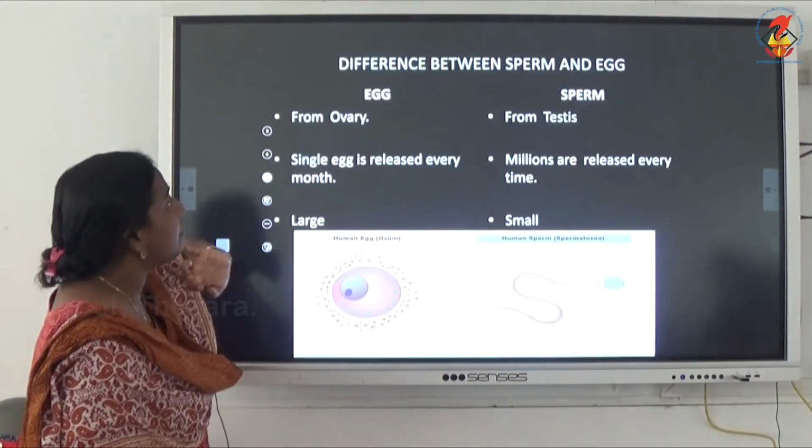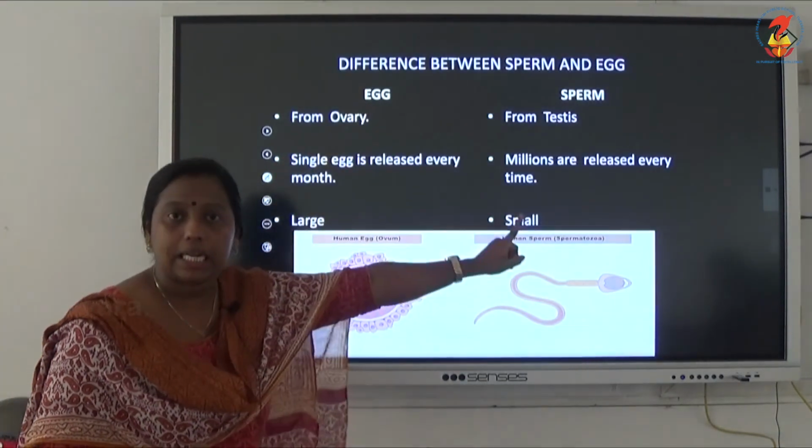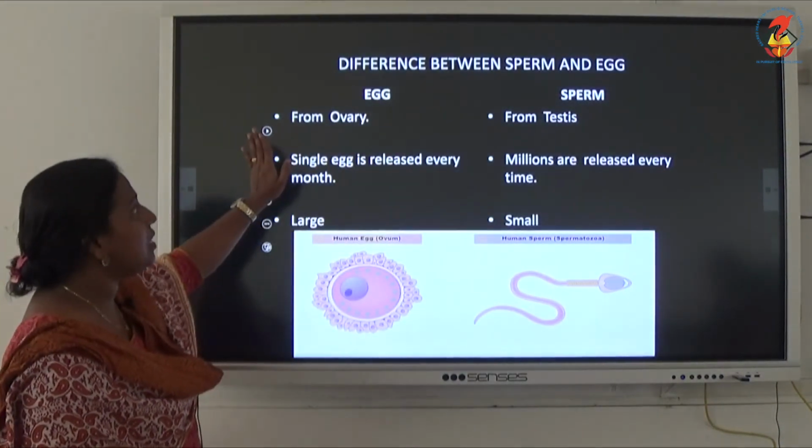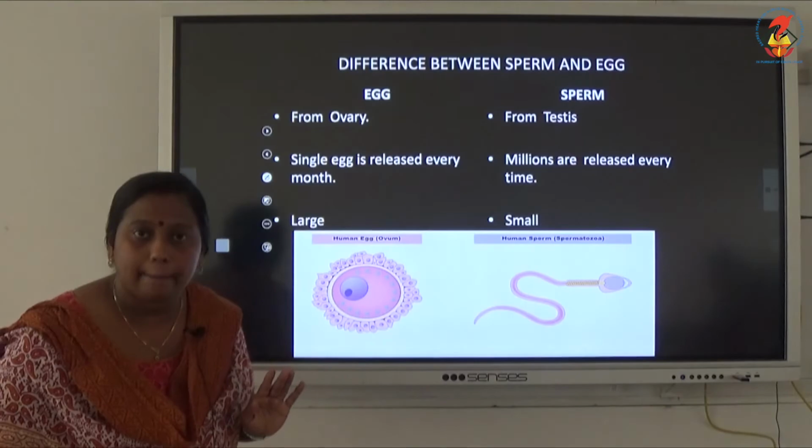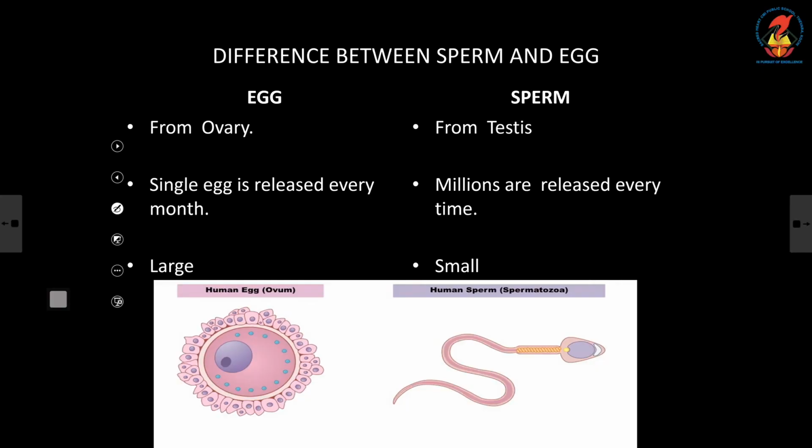Now, we will see the difference between an egg and a sperm, or the difference between the male and the female gamete. What is the difference? Number one, the egg is produced from the ovary, which is a part of the female reproductive system, whereas a sperm is produced from the testis, which is a part of the male reproductive system.